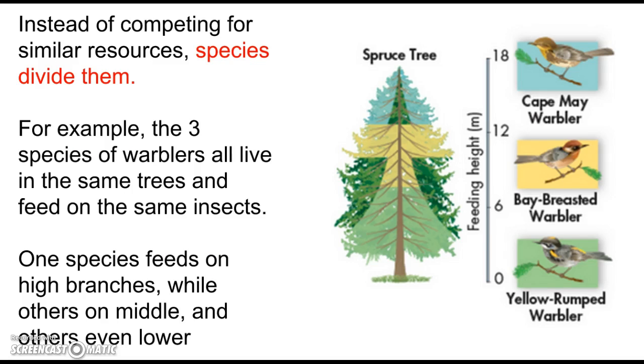But instead of competing for similar resources, species are going to divide them. For example, the 3 species of warblers that I have here, they're going to split up the spruce tree that they live in, and they're going to be able to survive at different places and kind of cohabitate, but not within the other niche. Again, they're not sharing the same niche, they're splitting up and dividing the tree.